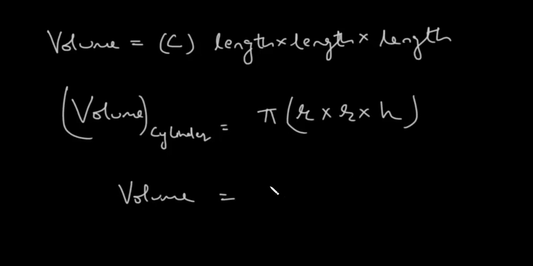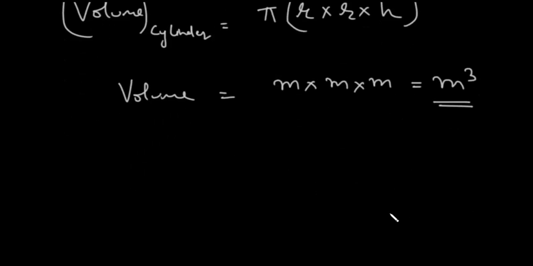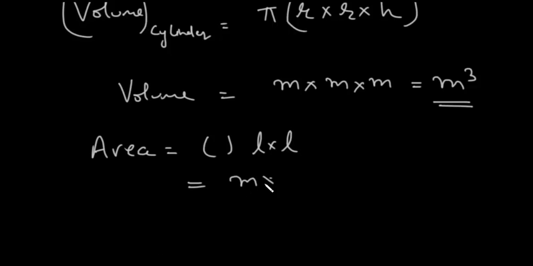So units must be, for r or for any length, meter into meter into meter, it's meter cube. Similarly, if you want to know unit for area, it is some constant times length into length, like of circle, pi r square. Pi is constant, r into r. So unit for area is meter into meter, meter square.